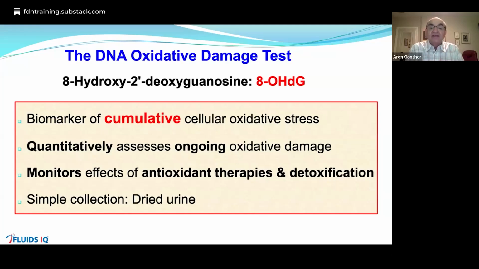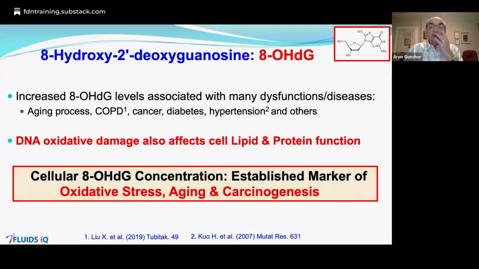So quantitatively, the 8-OHDG is assessing ongoing oxidative damage, and it monitors, in effect, the antioxidant therapies and detox that you may be doing and trying to do for the person that you're working with. And it's very simple collection. It can be done in dried urine. And so just remember that increased 8-OHDG is associated with many different dysfunctions and diseases.